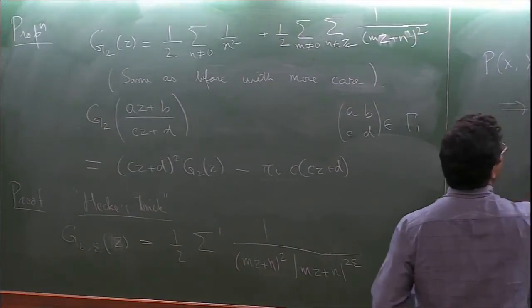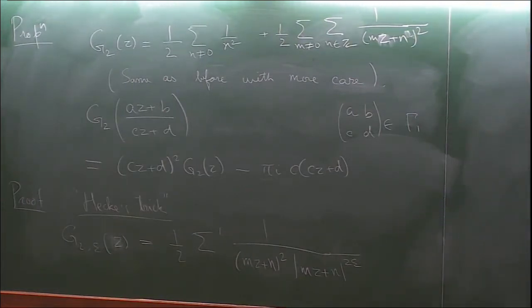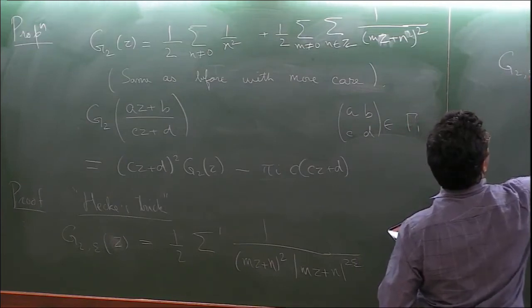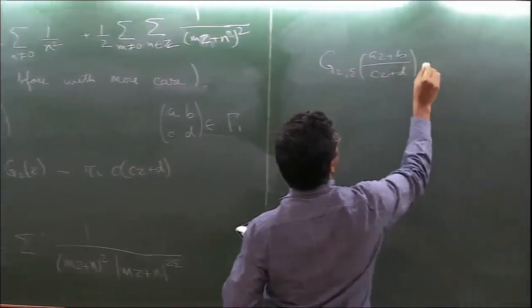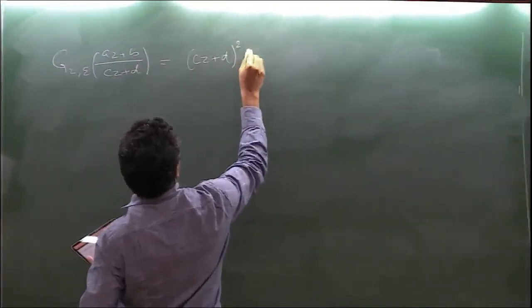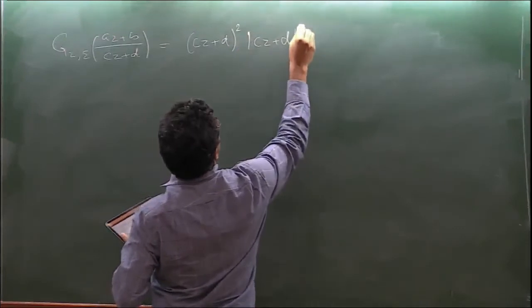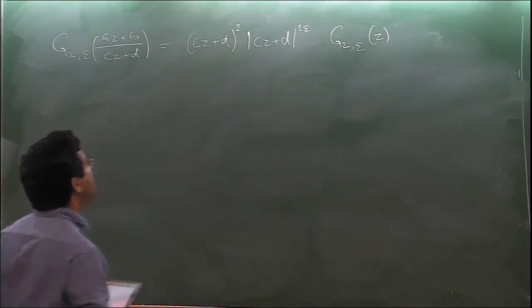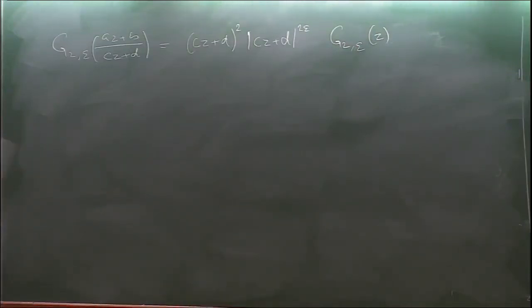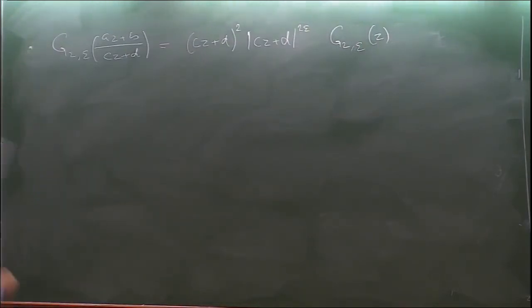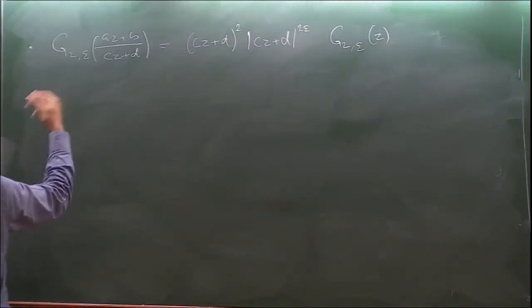In particular, I can show the following modular transformation: G2 epsilon of (AZ plus B) upon (CZ plus D) is equal to (CZ plus D) squared times |CZ plus D| to the 2 epsilon times G2 epsilon of Z. So it does behave in the way that I want it to behave. This one is easy, since you can interchange summation and so on.